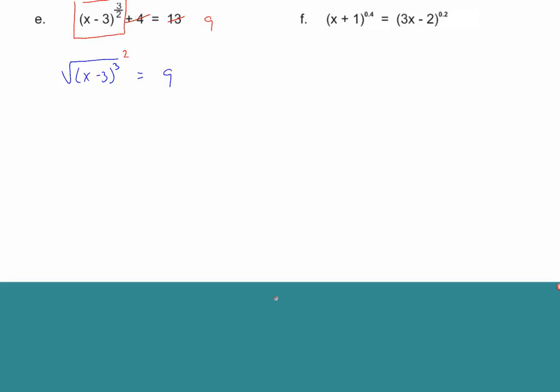And you would be squaring both sides. Now you're at x minus 3 quantity cubed equals 81. So what would be next? Luke?